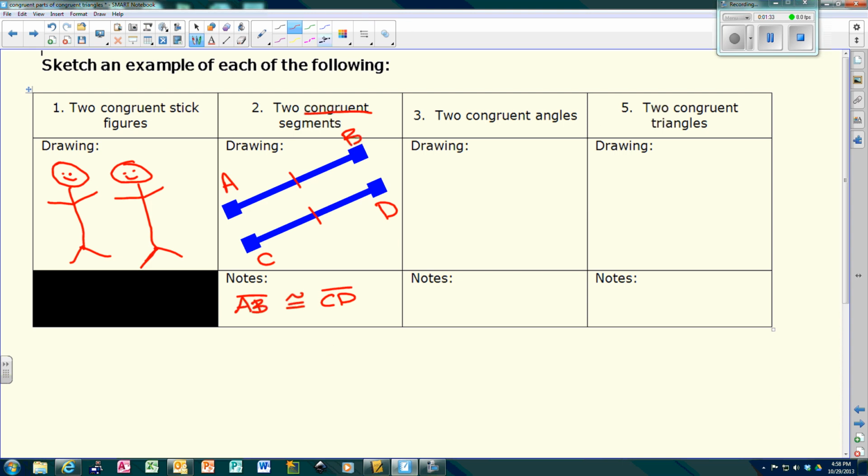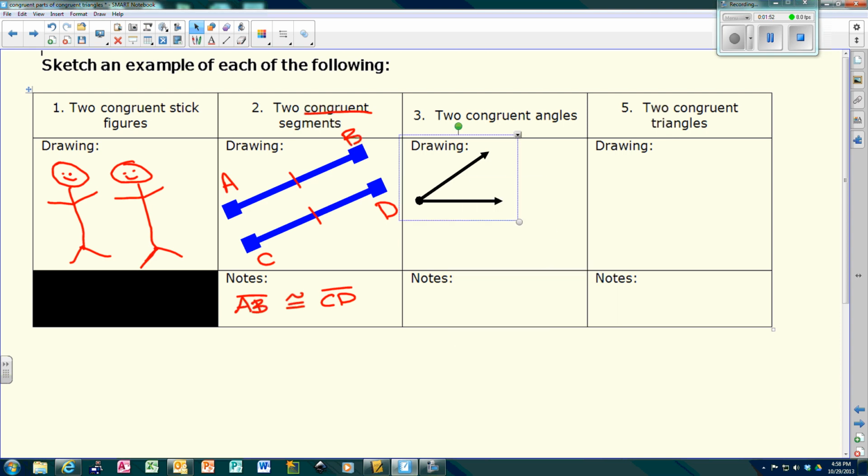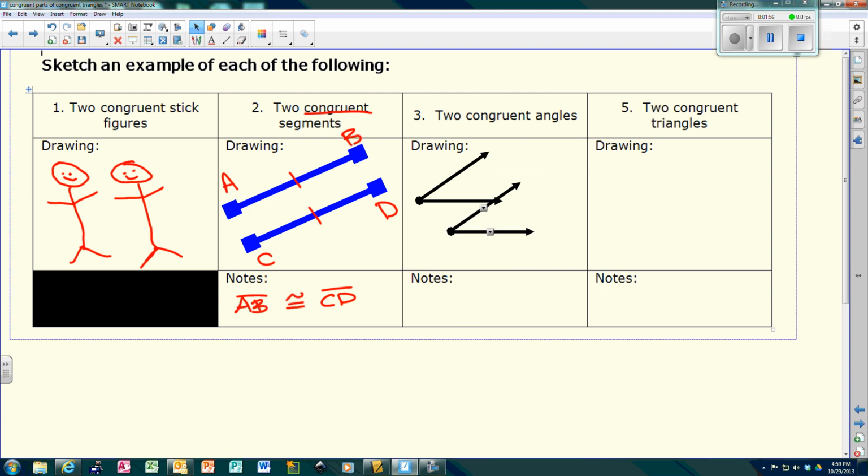Now what about two congruent angles? So if I had two congruent angles, I could draw a ray going that way and a ray going that way, and then I'm going to group these two together, and now I'm going to, guess what? Clone that angle. Now I have two congruent angles.